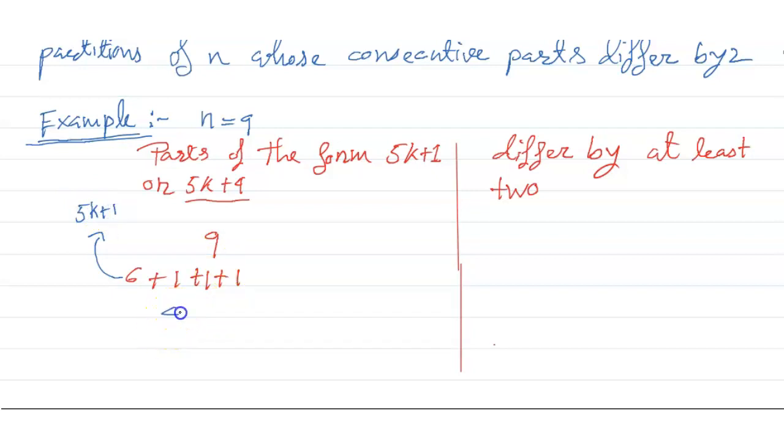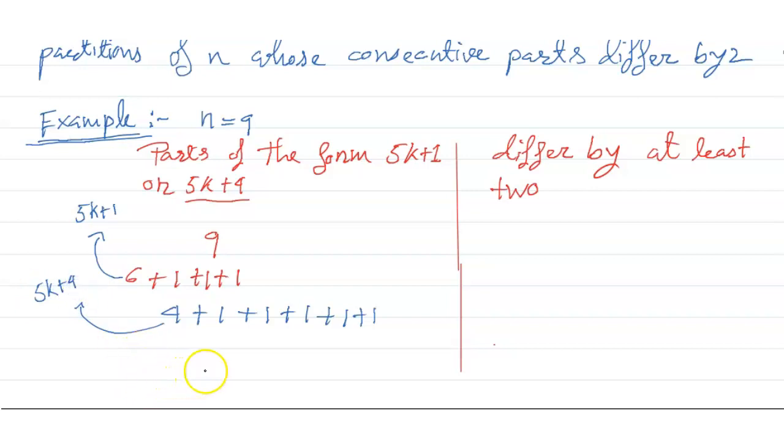And another is 4 plus 1 plus 1 plus 1 plus 1 plus 1. So friends, 4 is also with k equals 0, then 4 is also of the 5k plus 4 form.